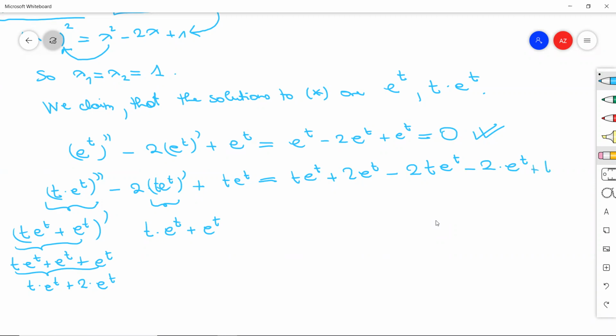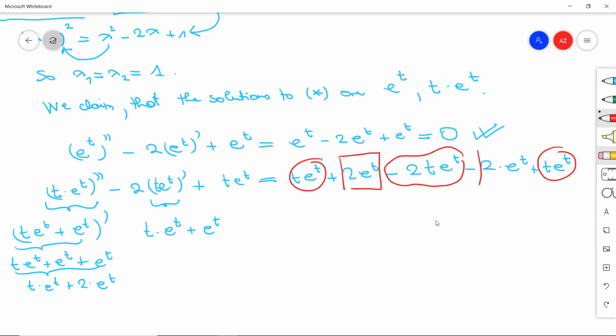And the last is just t times e^t. And what we see is that the first and the last summand cancel with the middle one, while the second and the fourth also cancel. So we get 0.